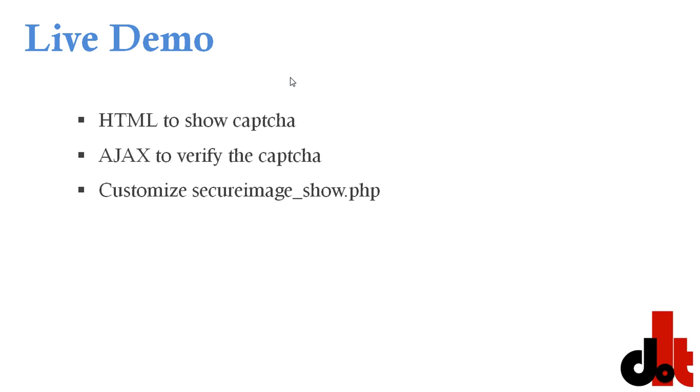The reason I used Ajax is that I was doing it for an upload system, and I didn't want the user to upload the whole 5 MB file to my server and only then verify it. So I ensured that the post does not happen until the Captcha gets verified. Then we will look at small customizations of SecurImage and see the output of it.